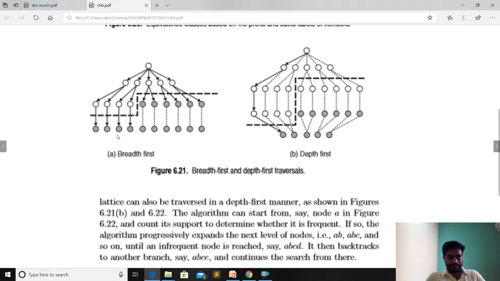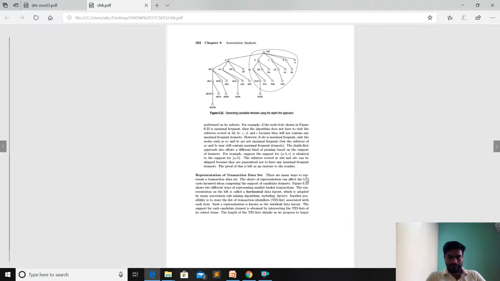All these are frequent item sets; we traverse along the breadth to find the frequent item sets. Now in depth first, we go in depth: we are not traversing in a horizontal way, we are traversing in a vertical way to find the most frequent item sets. That is the depth first method.